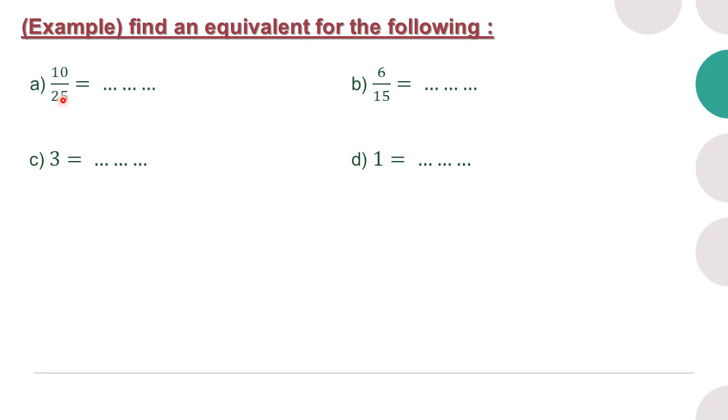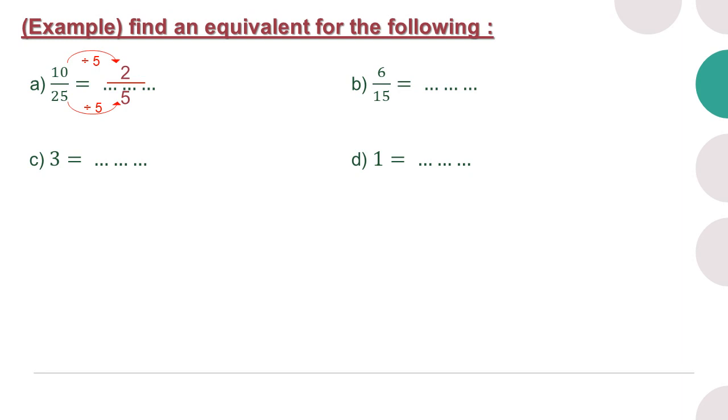Now, 10 and 25 are both in the table of what? In table 5. So we will divide by 5. 10 divided by 5 is 2, and 25 divided by 5 is 5. So 10 over 25 equals 2 over 5.